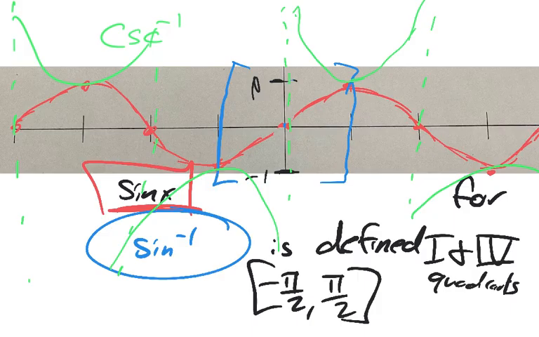That's nice, isn't it? It's the same cuts. So inverse cosecant is defined in the first and the fourth. So inverse cosecant is 1 and 4. That's nice. It's the same as inverse sine because they're like reciprocals. They're going to make this so easy for us.